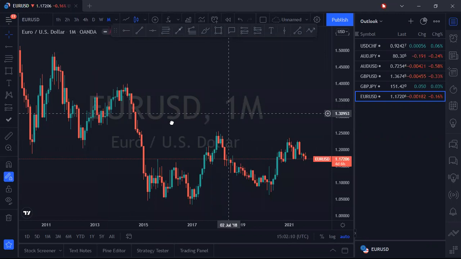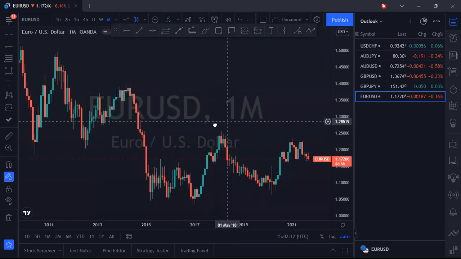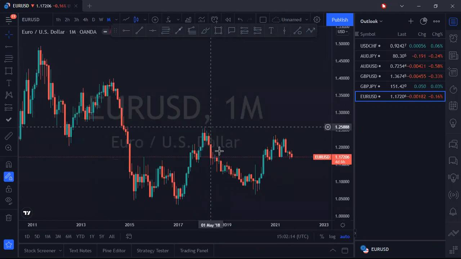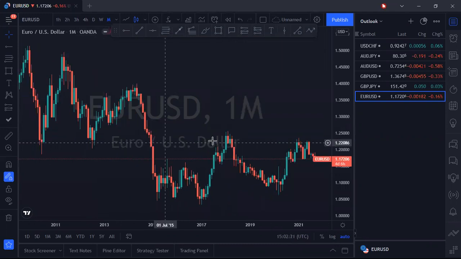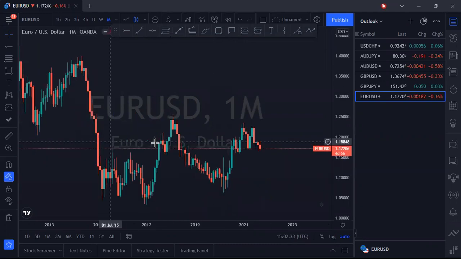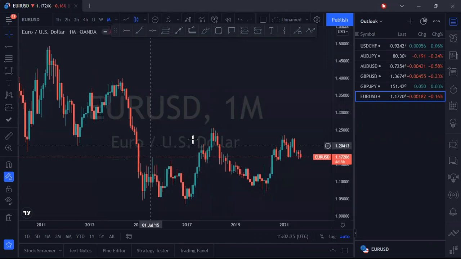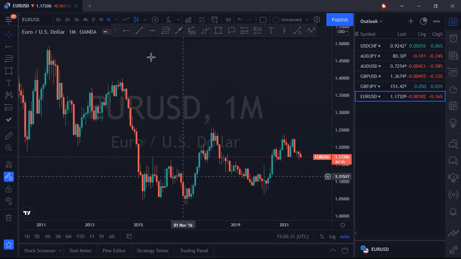All right. So when we look at Euro USD right now, the overall order flow of Euro USD on a higher time frame is a bearish trend, because price hasn't really broken a structure to the upside. It's still making higher lows and then lower lows. On the monthly we could see that price has failed to break a structure.